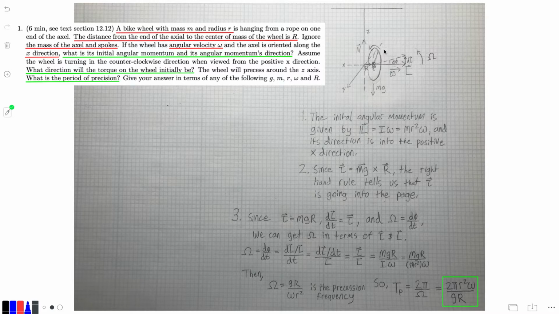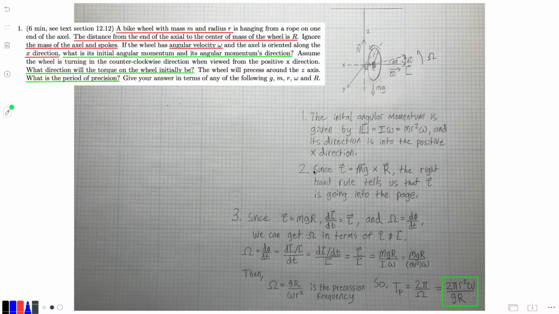And from that, we can say that our angular momentum here is going to be pointing in the positive x direction. So this is why I have L here. And since our L is pointing this way, then that means that the angular velocity must point this way as well.